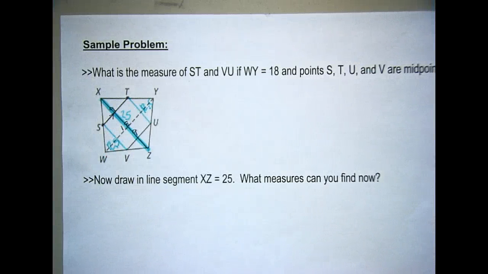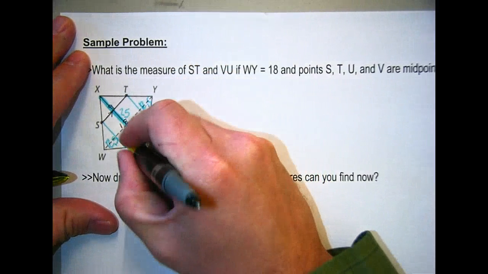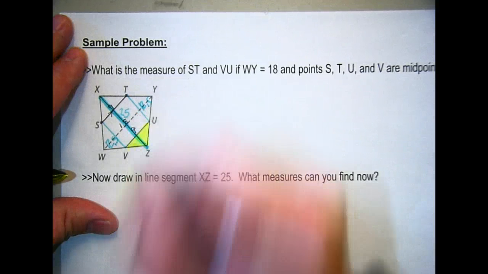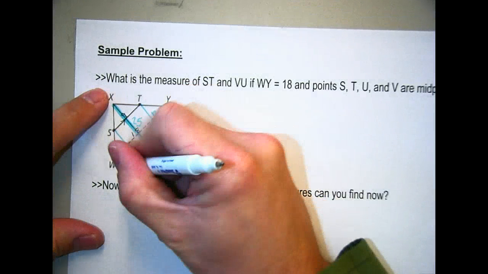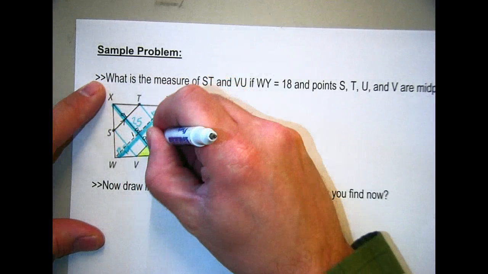One final comment. If I look at this triangle right here, let's go with this one, VUZ, the perimeter of that triangle is what in comparison to this big triangle?